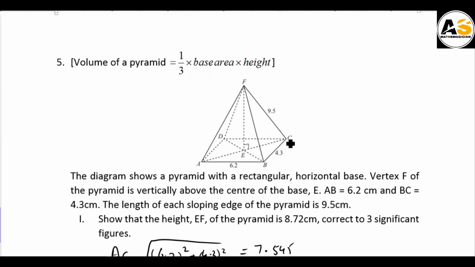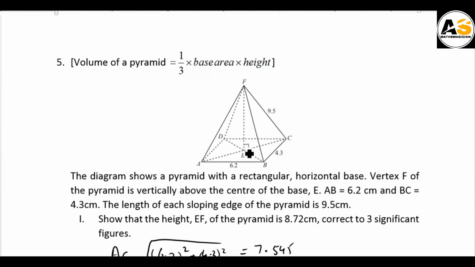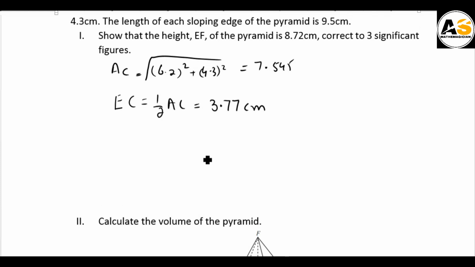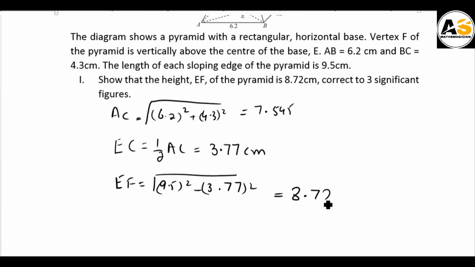This is the hypotenuse, 9.5, and this is the height, EF, we need to find. By Pythagoras theorem, EF is equal to the square root of 9.5 square minus 3.77 square, and this will give us 8.72 centimeter.